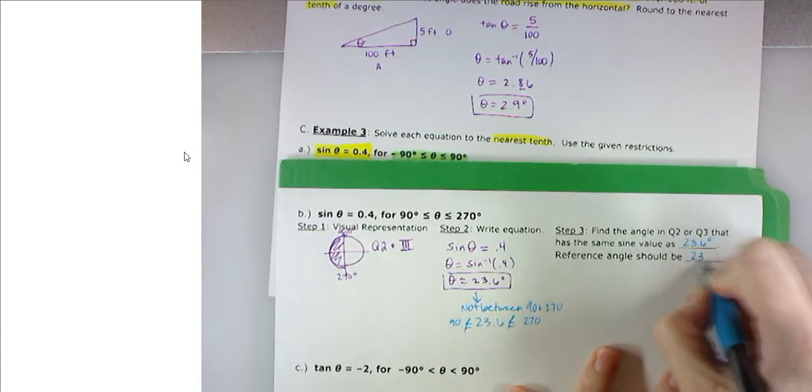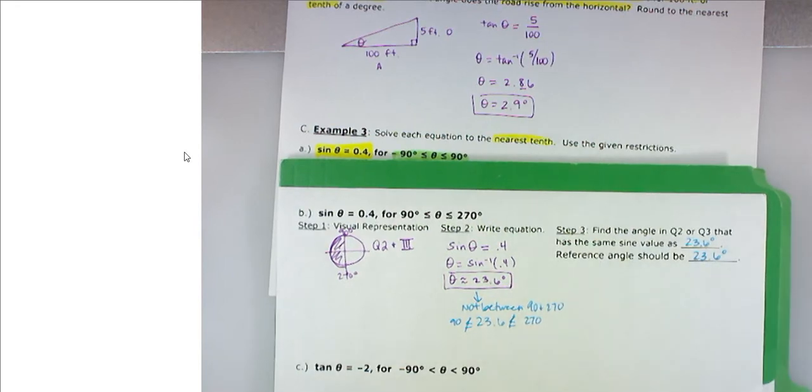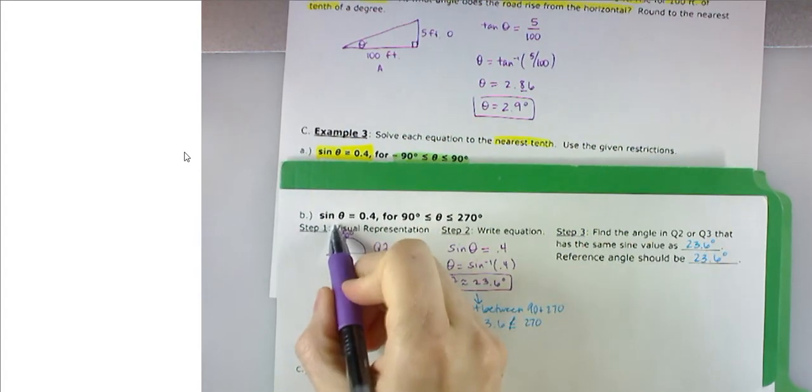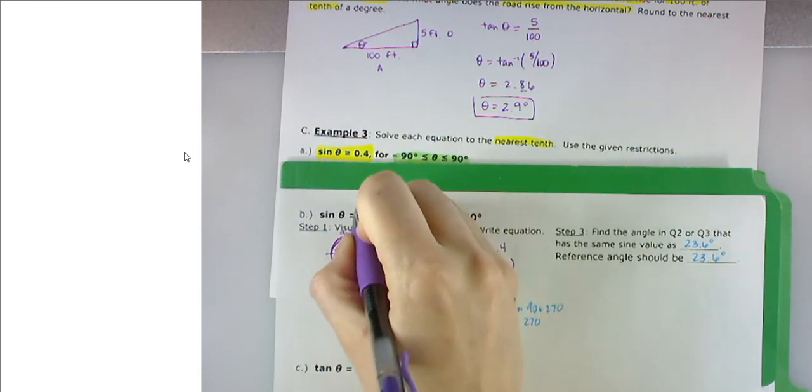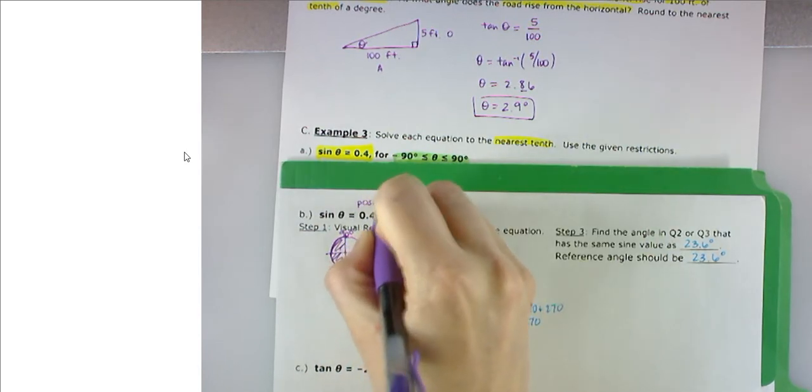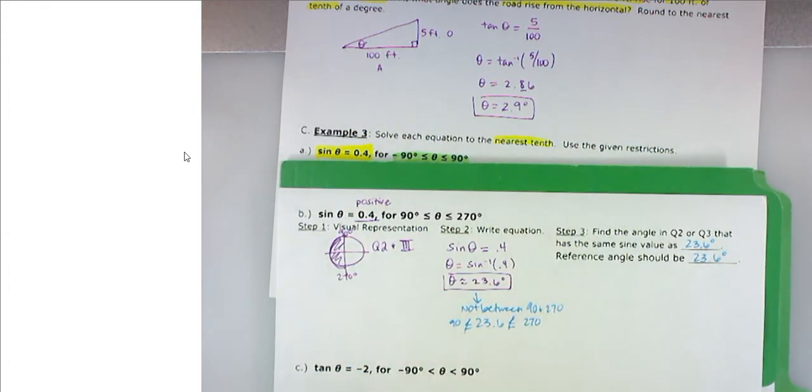So what we do is we go back to the original equation. We can see here that the sine of theta equals 0.4, which means that the sine is positive. So if we're thinking, all right, where am I going to be?